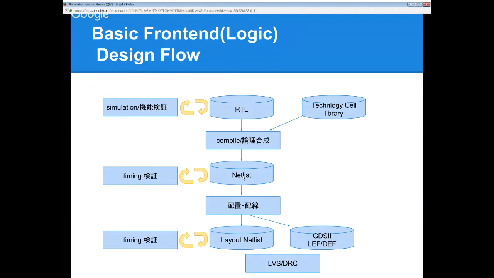This is mask information, the actual geometry information. This is a roughly very simple overview of the logic design flow. In the previous company, I mainly focused on these two, logic synthesis and simulation, meaning verifying the function of the HDL.